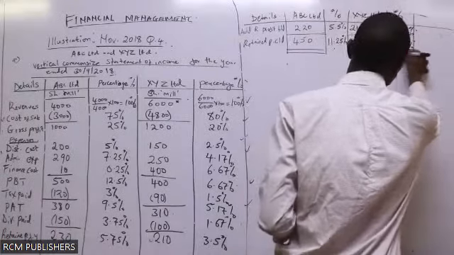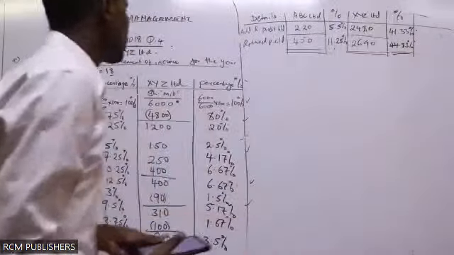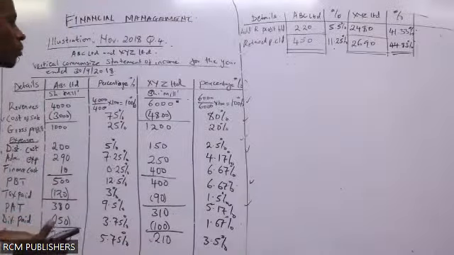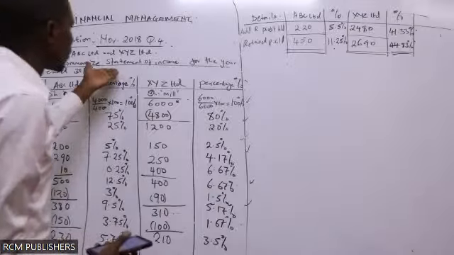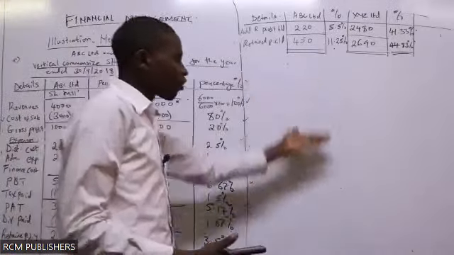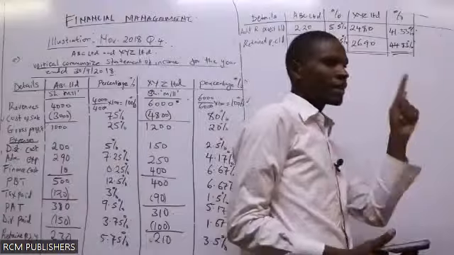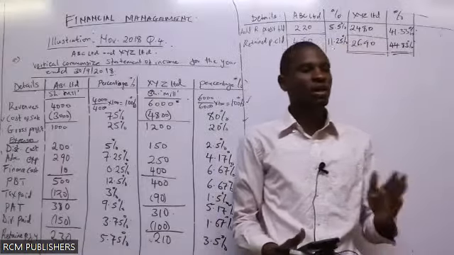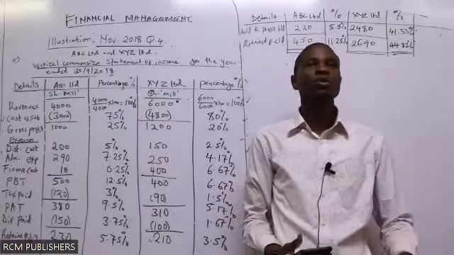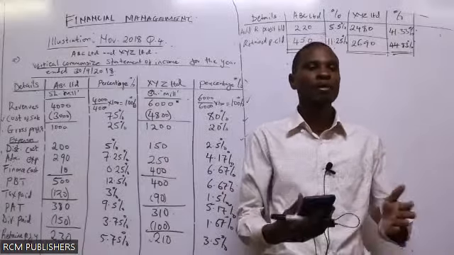So even if you are asked which company performed well this year of 2018, because they are comparing companies in the same industry, in the same line, maybe selling the same product, so they are trying to compare the performance.